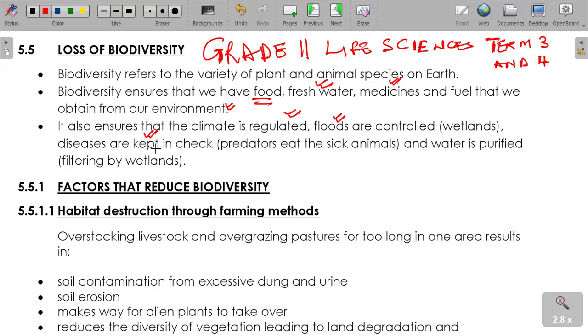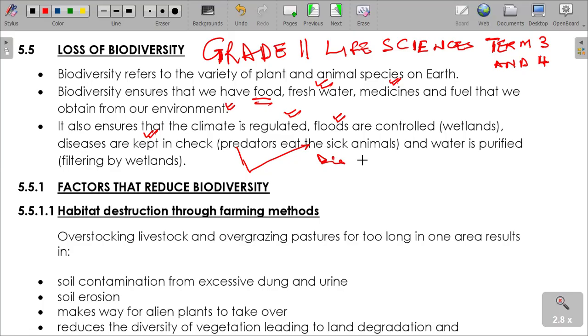We have predators that eat the sick animals, and the water is purified. Check, for example, the relationship between the predators and the sick animals. When wild animals die, they don't just die and mess up the environment.